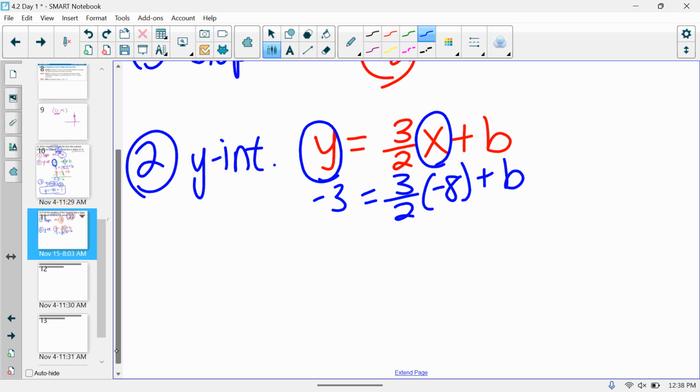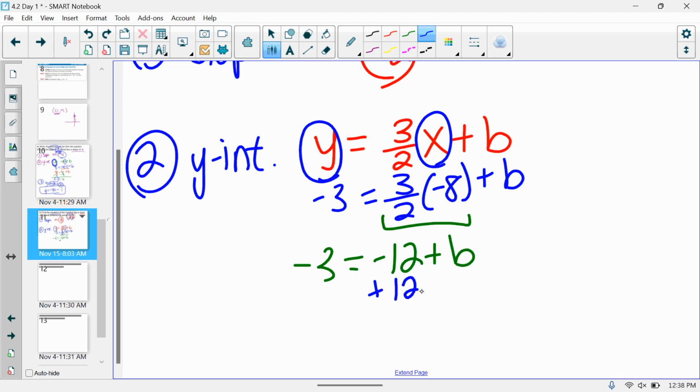All right, so all we were supposed to do is find b right now. So we should have multiplied here because we can simplify. 3/2 times -8 should have given you -12. And then we can add 12 to get b alone, right? Because negative 12 plus 12 is 0. Negative 3 plus 12 is 9.